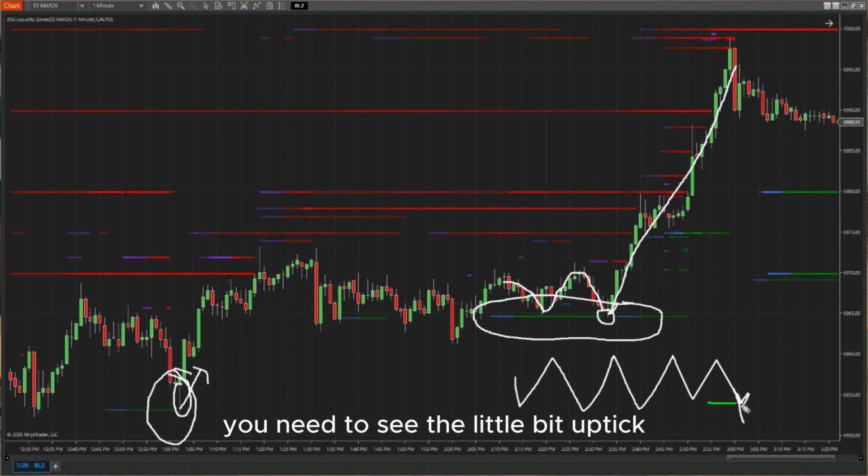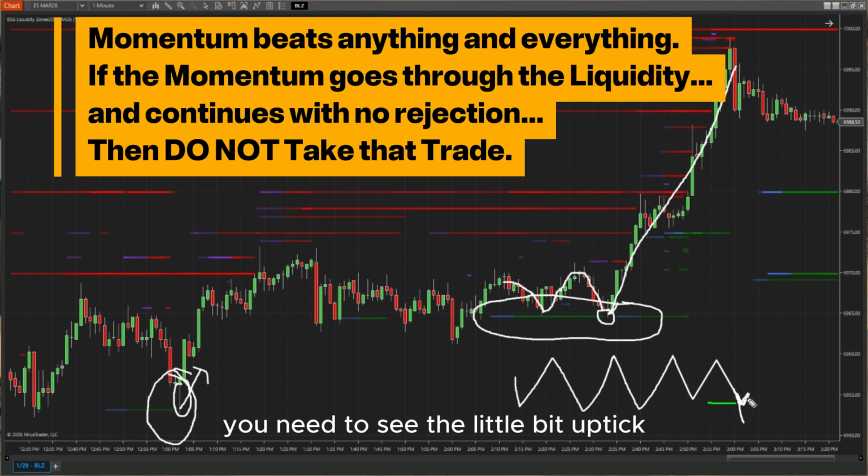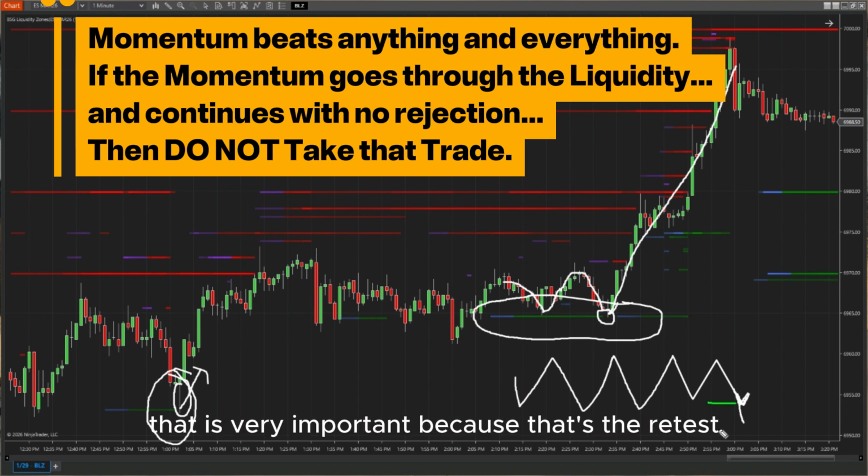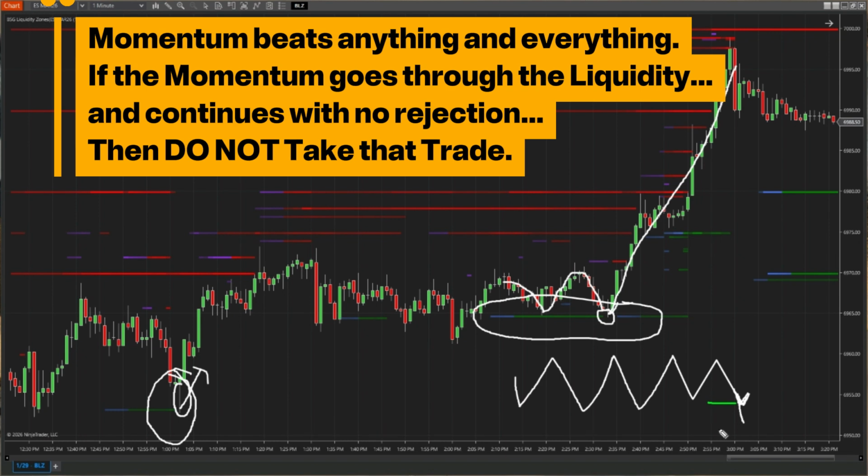You need to see a little bit of uptick, a little bit of reversal, rejection, bounce, retest. That is very important, because the retest, the bounce, the rejection is the proof that the level 2 order flow, the bids, is stronger than the momentum.